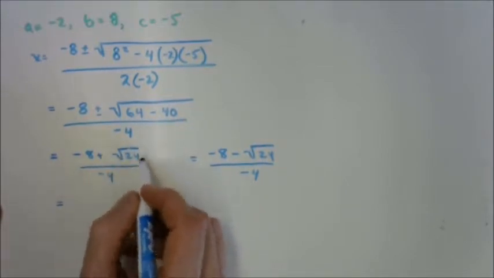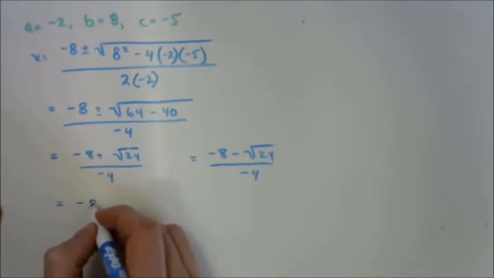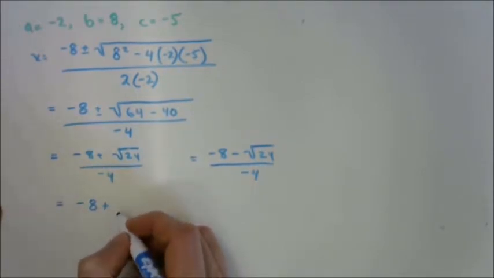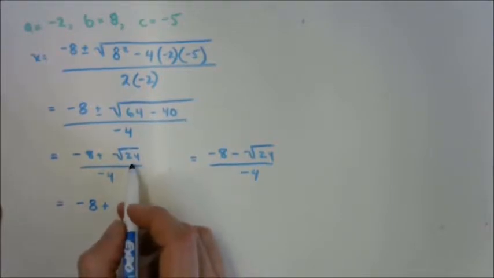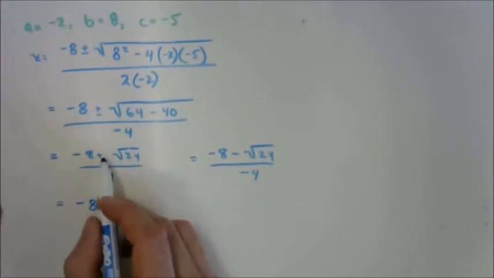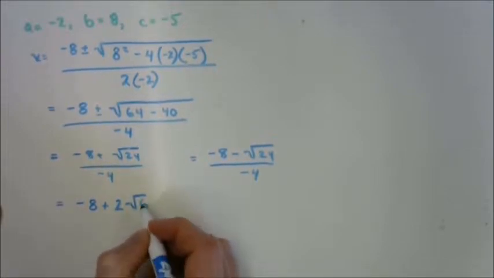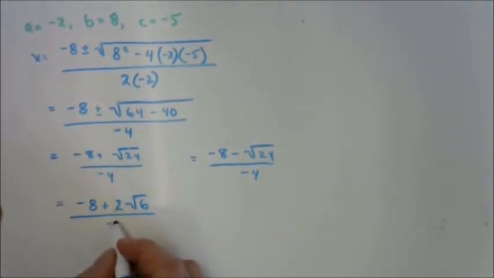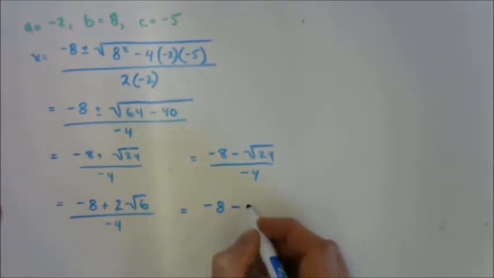Or can we pull out a square number from there? So 24 can be represented as 4 times 6. 4 is a square number. Square root of 4 is 2. So this square root of 24 can be 2 radical 6 over negative 4. And same over here.